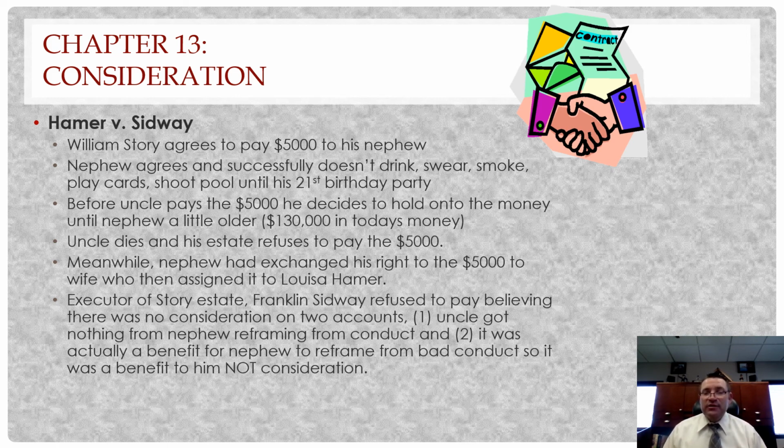So this gets started because Miss Hammer has the money owed to the nephew, as she owns that debt now. And Sedway is the executor, and he refused to pay out the $5,000. And we'll get into his legal reasons why he refused.